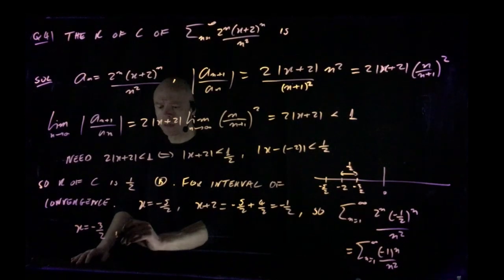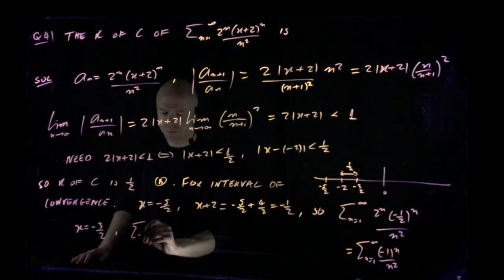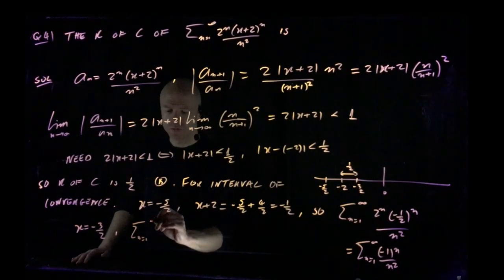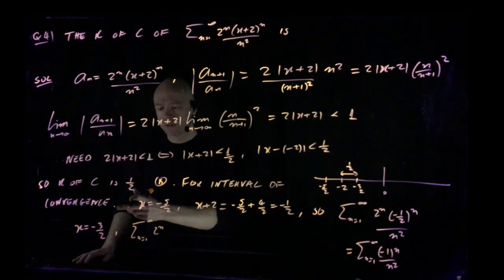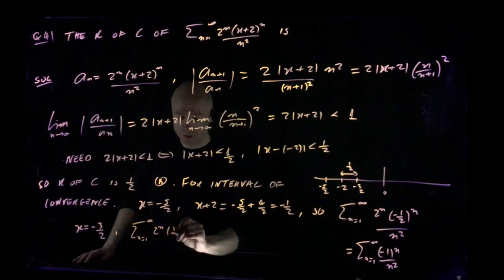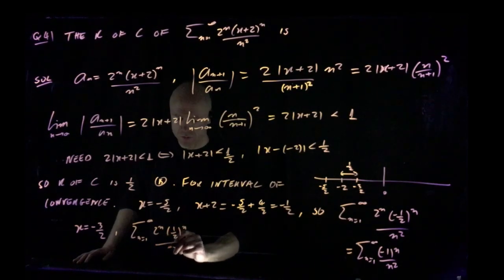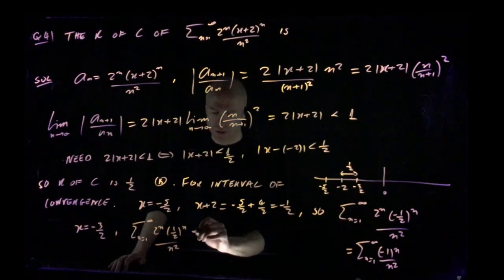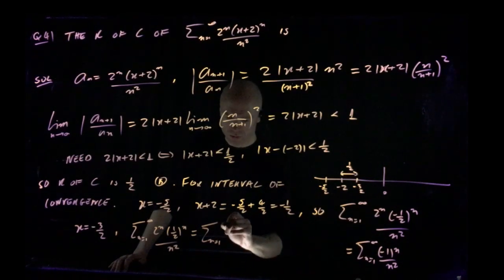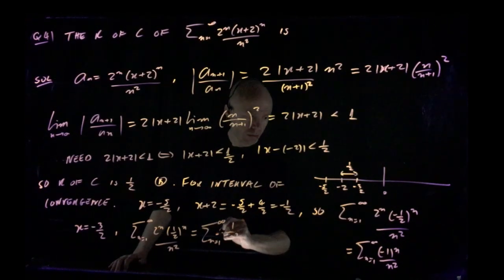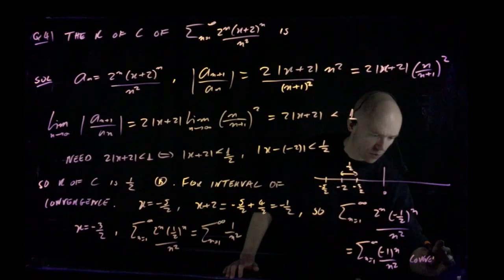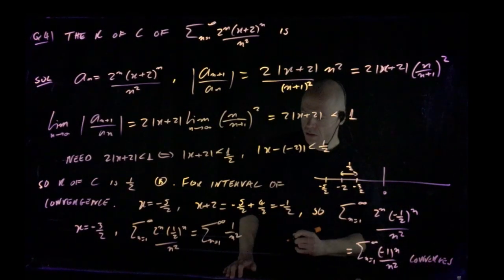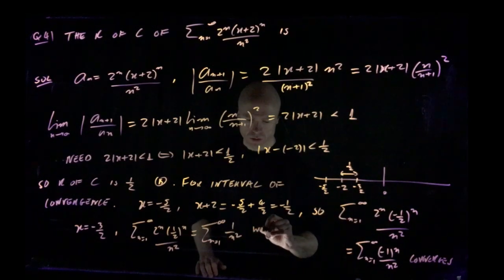But let's just check it out. So we're going to have the sum from n equals 1 to infinity of 2 to the n times a half, since minus 3 over 2 plus 2 is a half. It's 1 over 2 to the n over n squared. So this is the sum from n equals 1 to infinity of 1 over n squared, which converges.